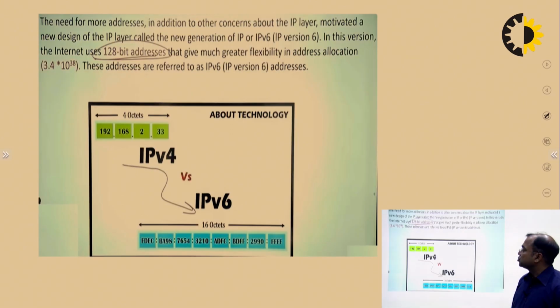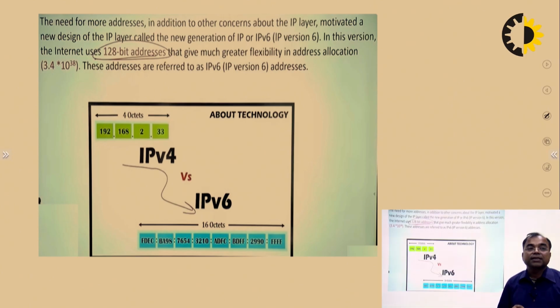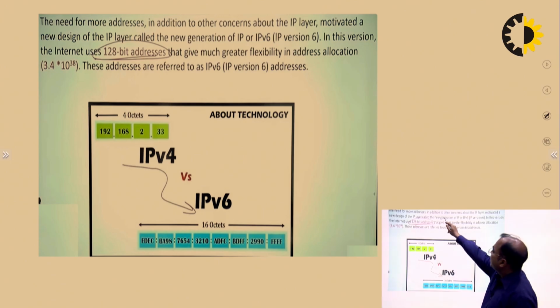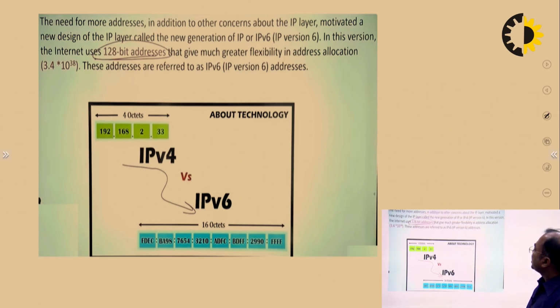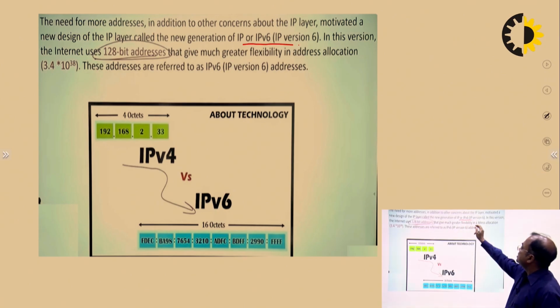So we switch to the next IP address, that is IPv6. The need for more addresses, in addition to concerns about the IP layer, motivated a new design of the IP layer called the new generation of IP, that is the IPv6 version.